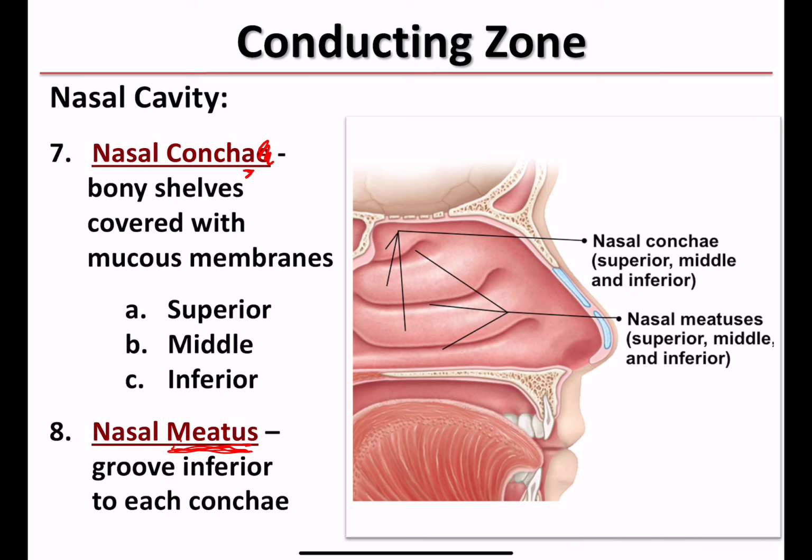It's a clever way of ensuring that all that particulate matter ends up sticking to the mucosa. And it's so effective that by the time the air reaches the end of the nasal cavity, you have particulate matter in the air that is no larger than 6 microns, which is way smaller than what we can see with the naked eye. So it's extremely effective.